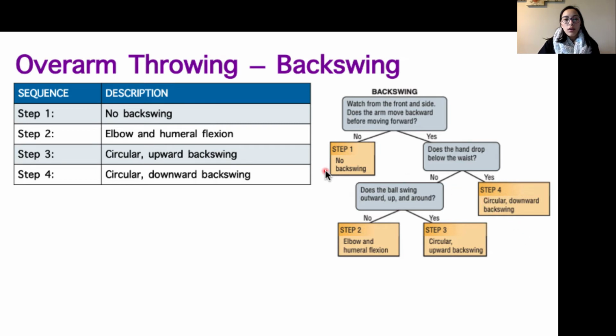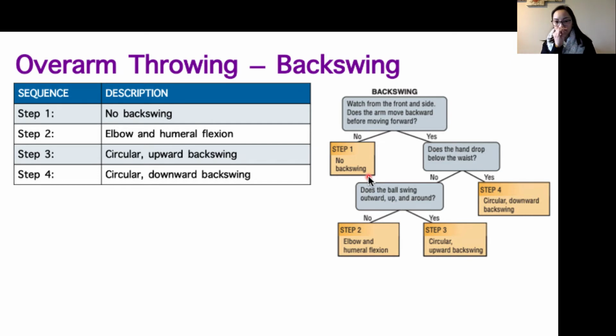So for step 1, if we're looking to see if someone has a backswing or not, the question that we ask ourselves is, does the arm move backward before moving forward? Thus the backswing, okay? If the answer is no, then your thrower is at step 1 in the developmental sequence.